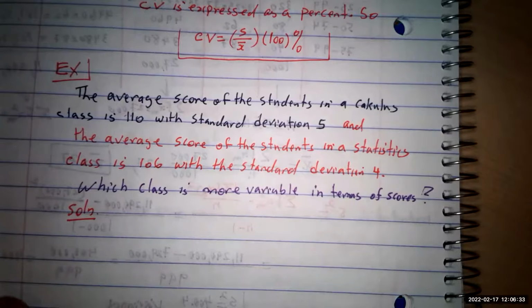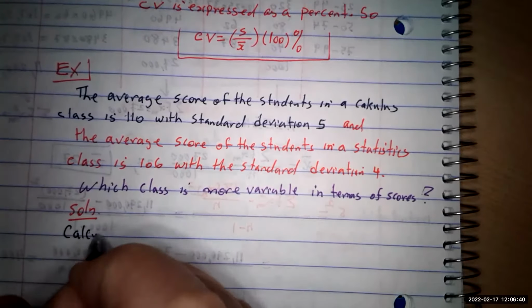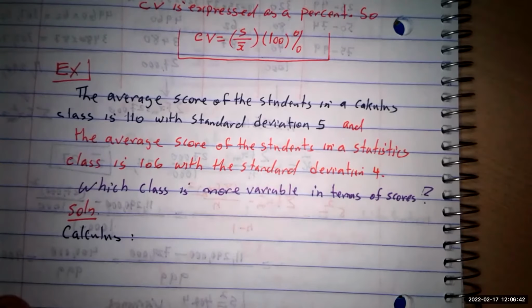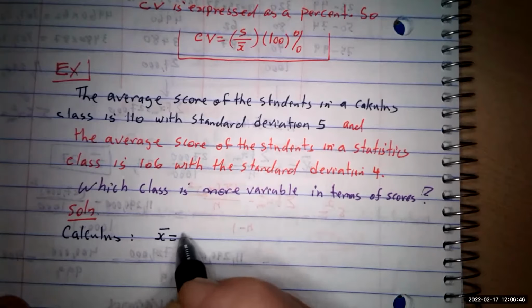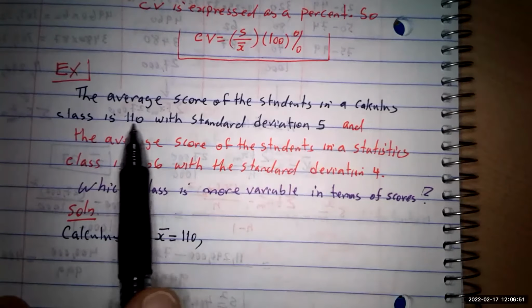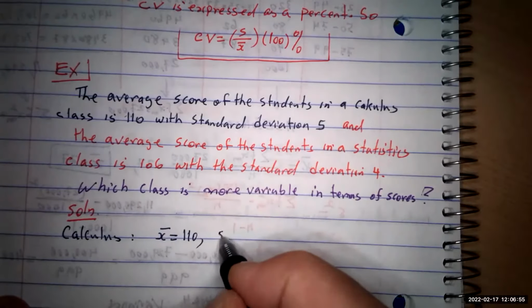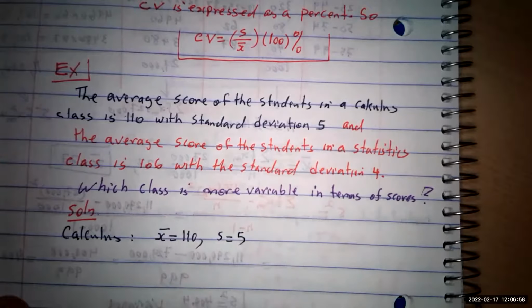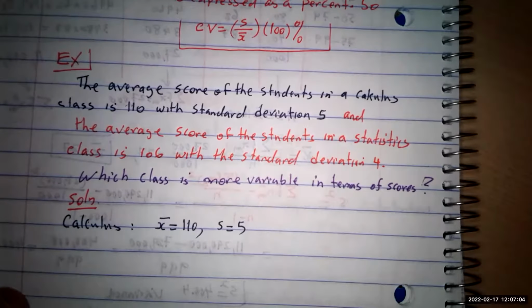Suppose we start with the calculus class. In the calculus class, the mean is 110, that's the mean of the class, and the standard deviation S is equal to 5. So we can find the coefficient of variation of this class first.